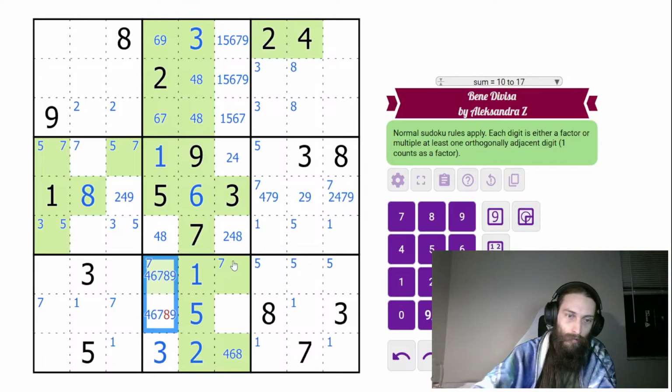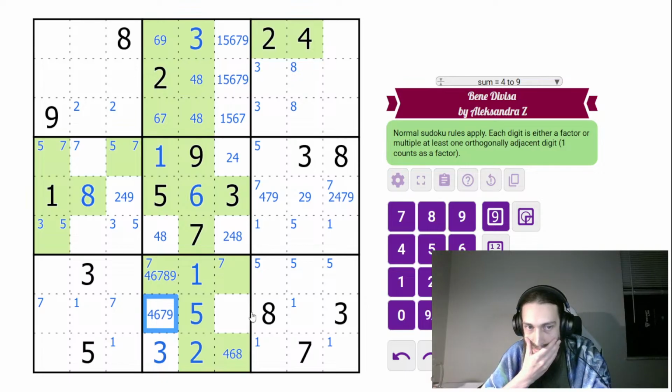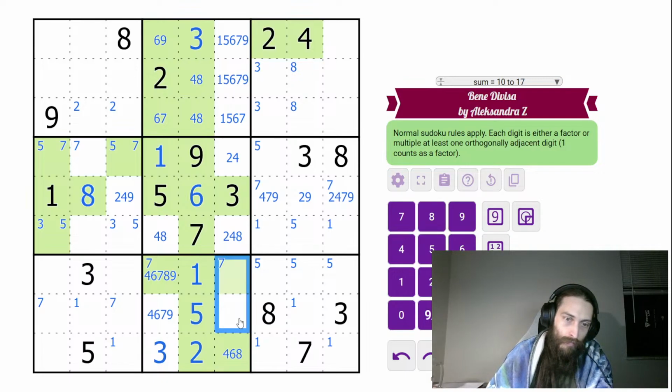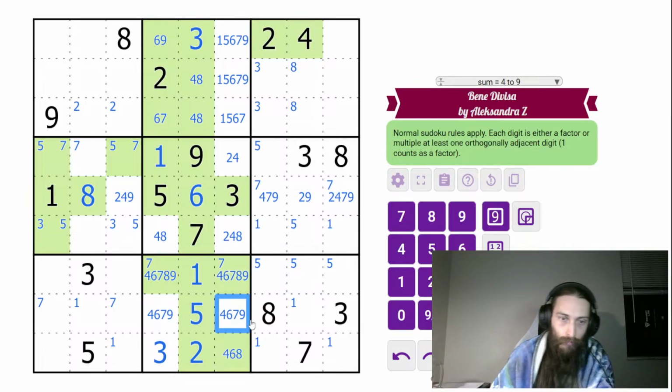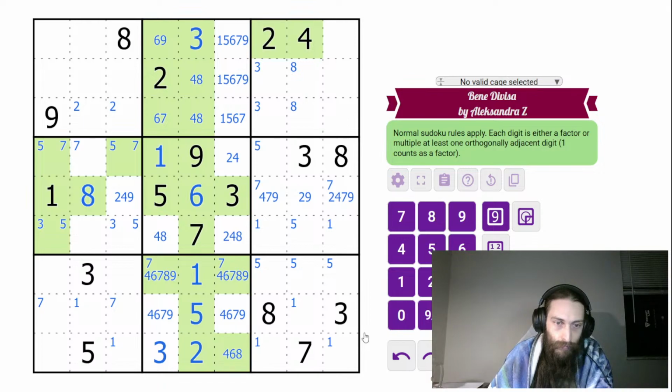Two, 1, 5, 3. And this isn't an 8. Four, 6, 7, 8, 9. This one's not an 8. And 7 has to be one of those two, because if this was a 7, it wouldn't have a 1 next to it, and if that was a 7, it wouldn't have a 1 next to it.